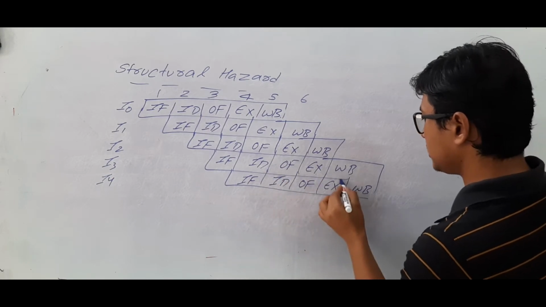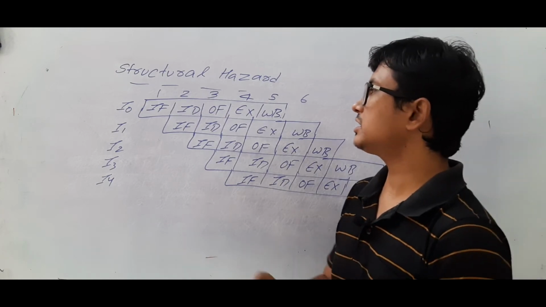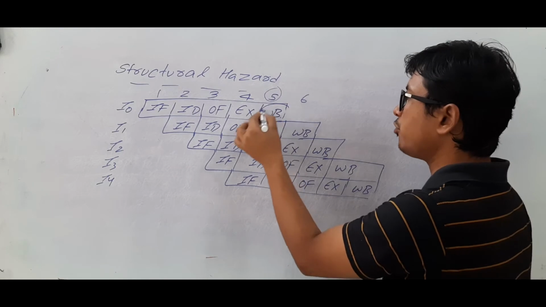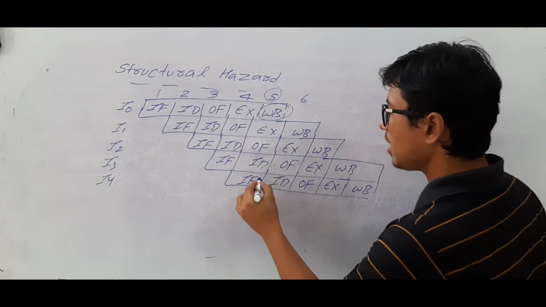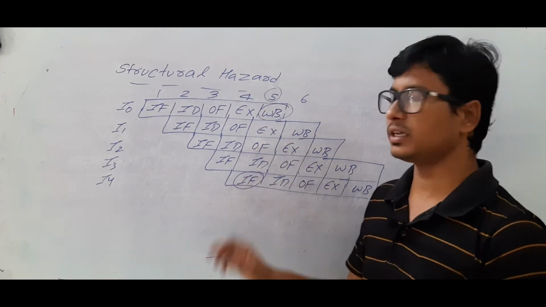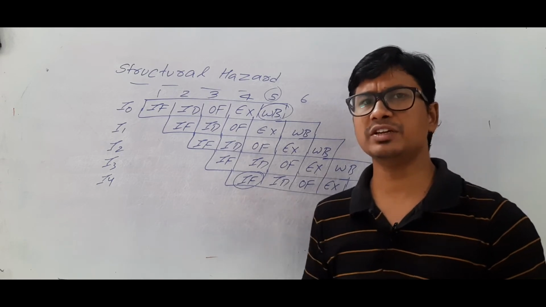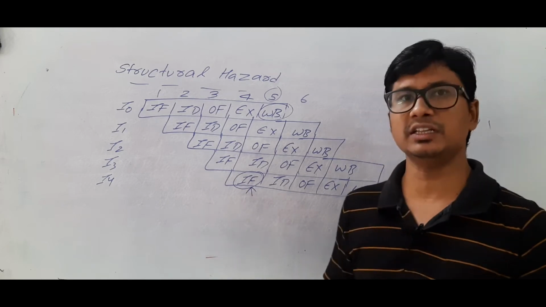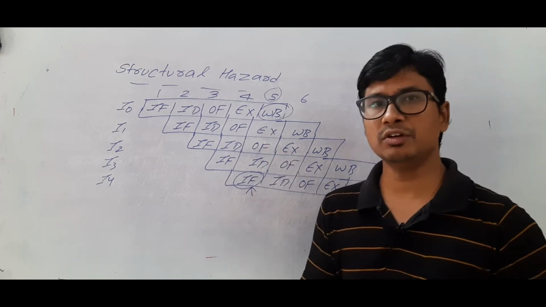Now if you see this one, what you are doing in instruction I0 at the 5th clock cycle, you are performing the write back operation. Am I right? Similarly, in I4, at the 5th clock cycle, you are performing the instruction fetch. From where will you fetch the instruction?